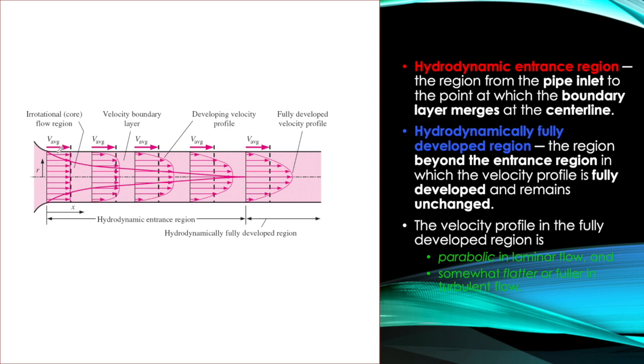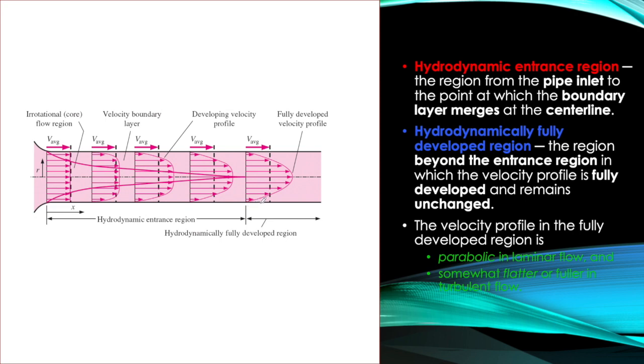So here we can see that the boundary layer will increase and it will approach the center of the pipe. Okay, for the hydrodynamically fully developed region, the region beyond the entrance region, the velocity profile is fully developed and remains unchanged.